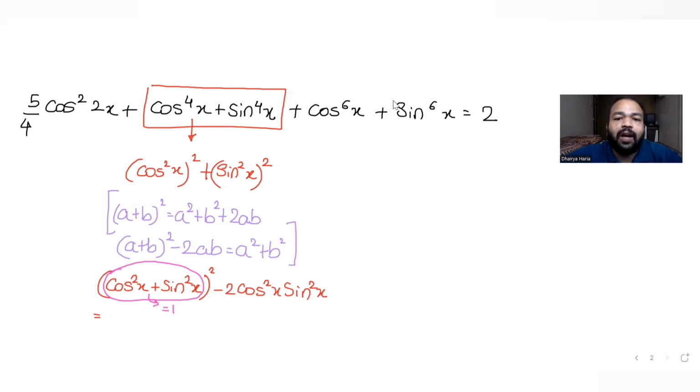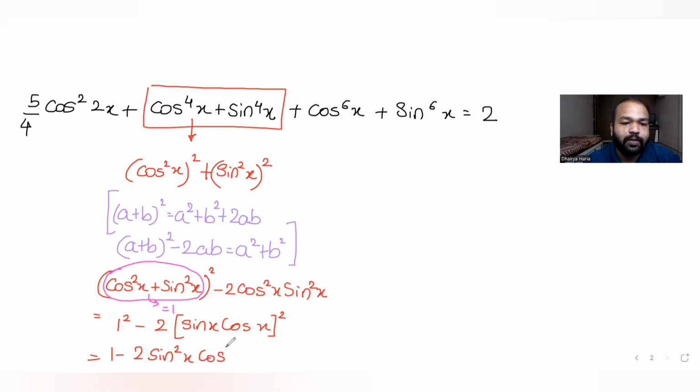So this becomes 1 square minus 2 sin square x cos square x, that is, 1 minus 2 sin square x cos square x. So that is your entire expansion.